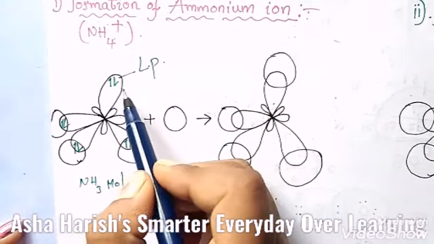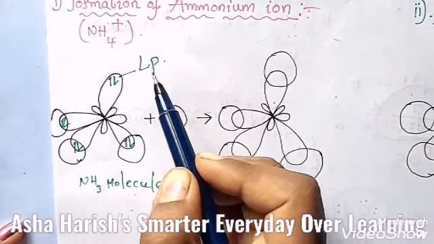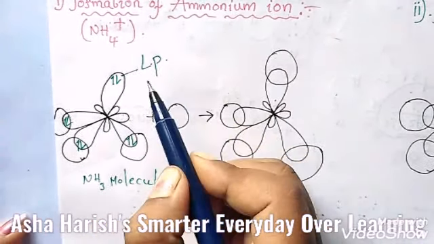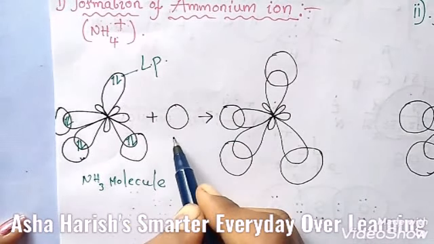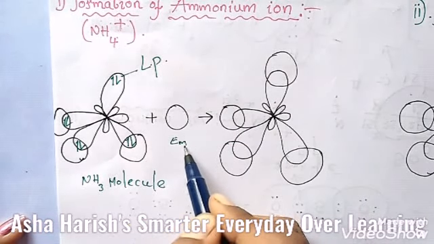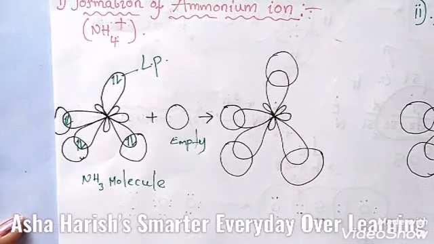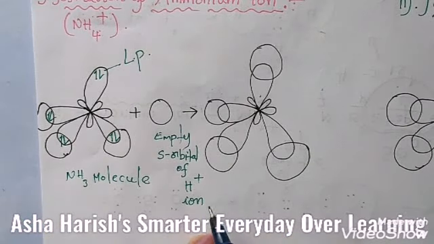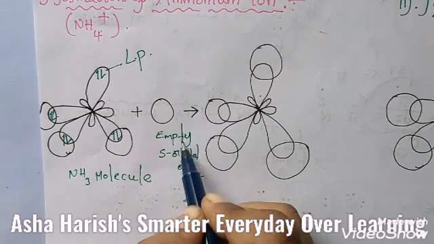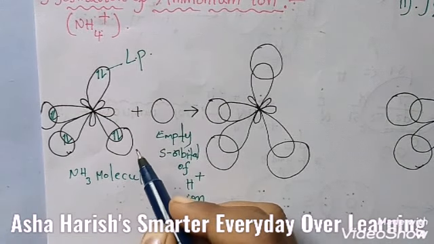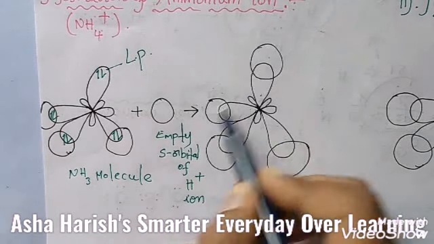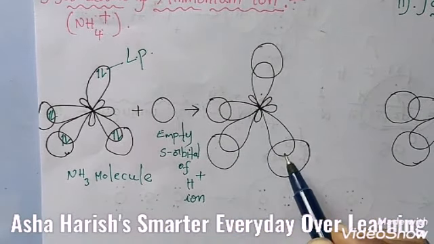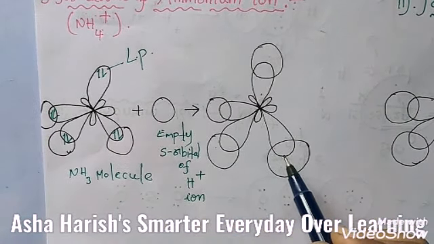That means these 2 electrons are not participating in any bond. And students, this is the empty s orbital of the H plus ion.